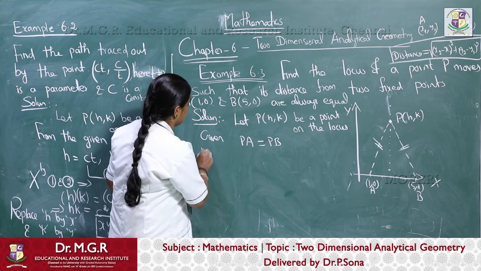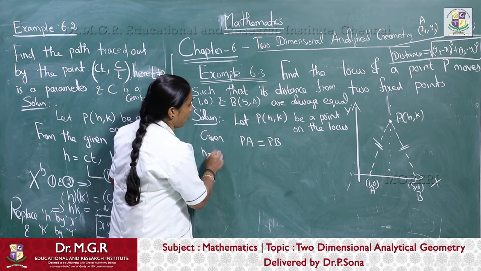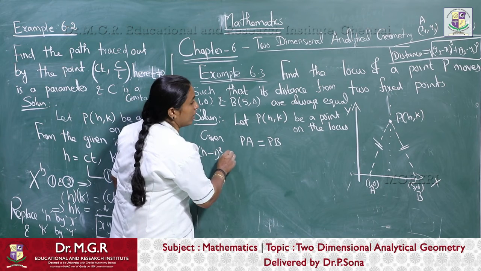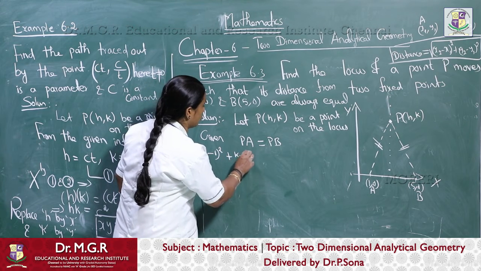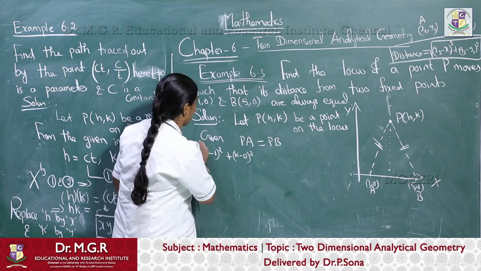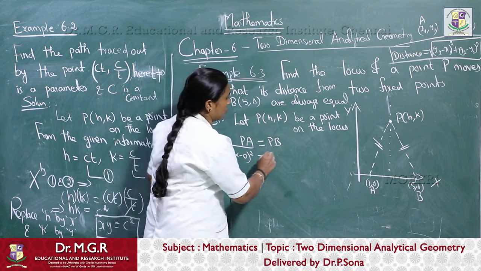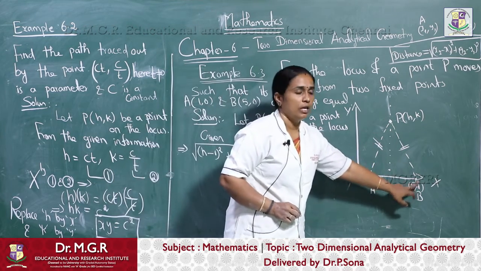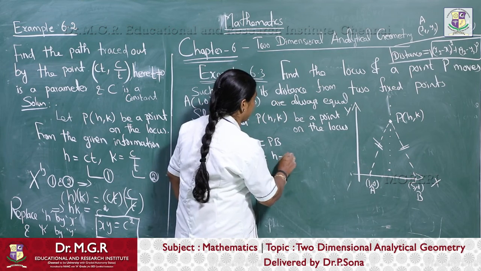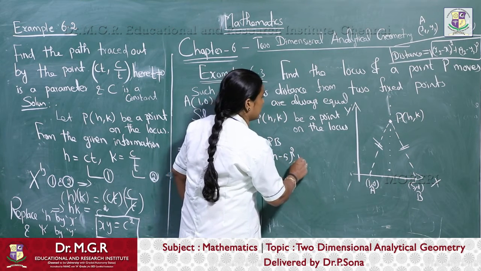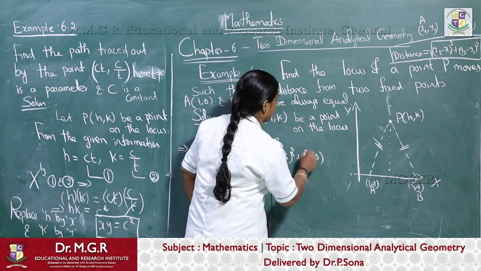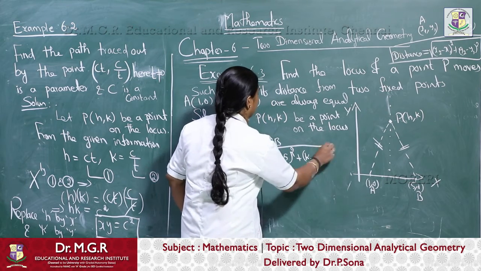We can take this as the square root of (h minus 1) the whole square plus (k minus 0) the whole square, which is equal to similarly the distance PB, the square root of (h minus 5) the whole square plus (k minus 0) the whole square.